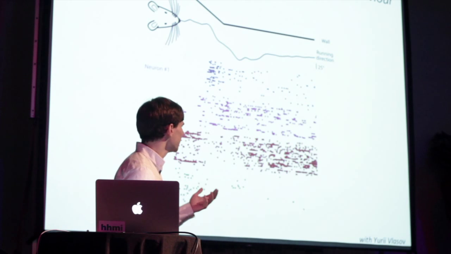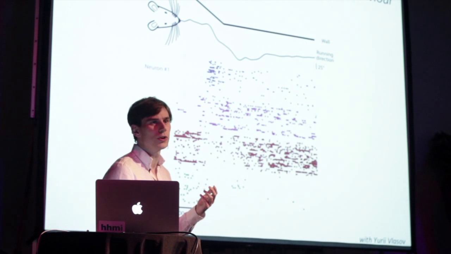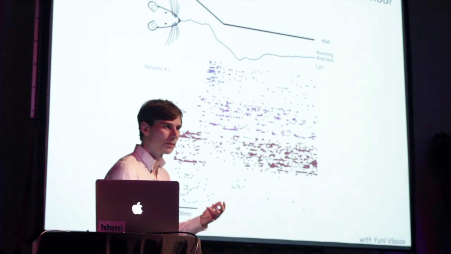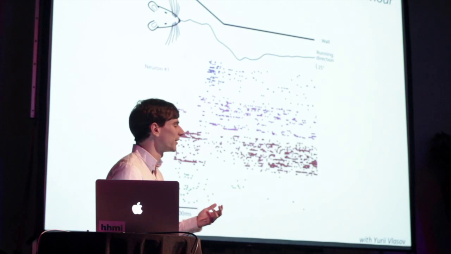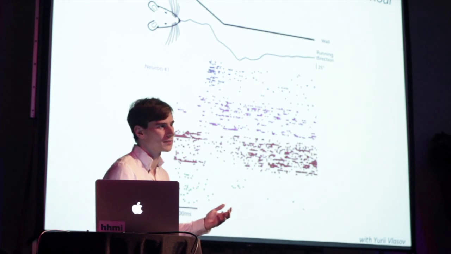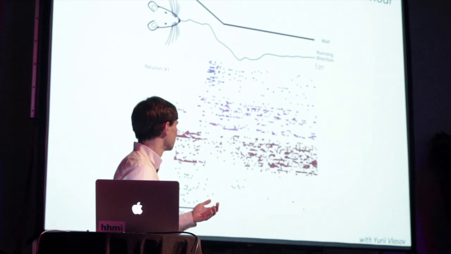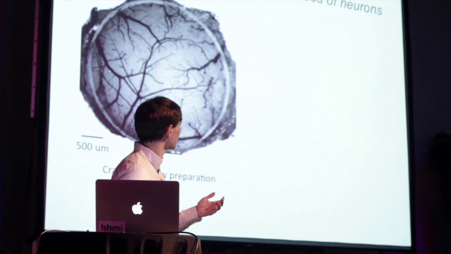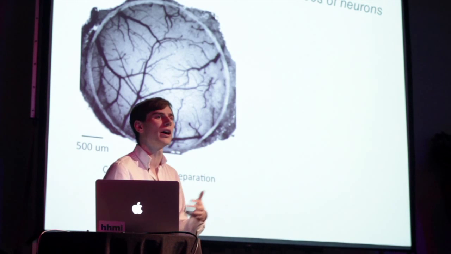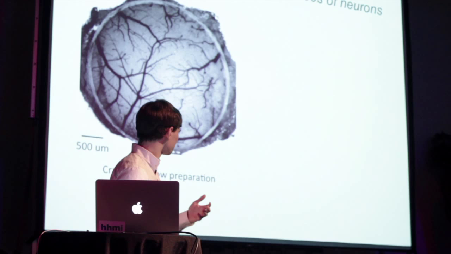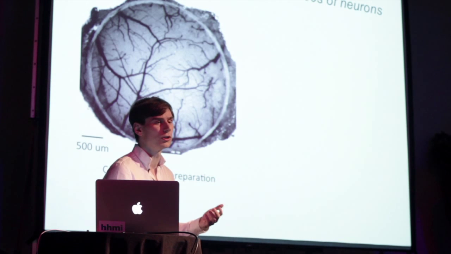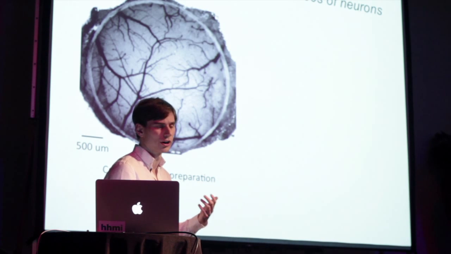Now, this is nice. With the electrical recordings, you get very good temporal information about what's happening, but you're sampling from a much more limited number of neurons, maybe 30, 100 simultaneously, depending on your technology. Whereas if you want to ask what's going on at a much larger spatial scale, we can use optical methods to record neural activity.